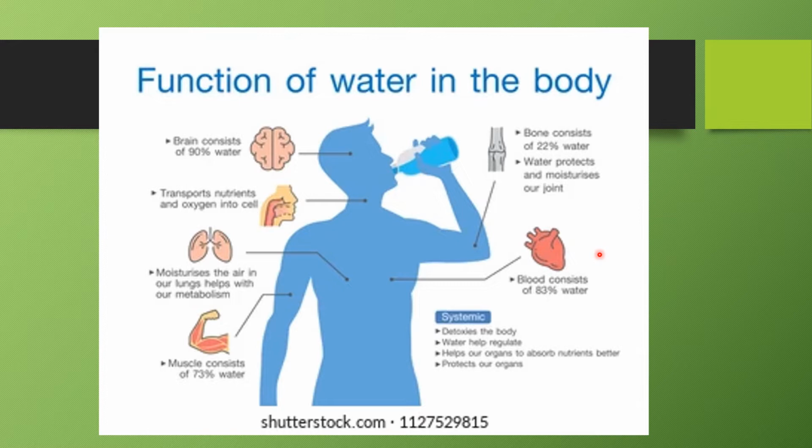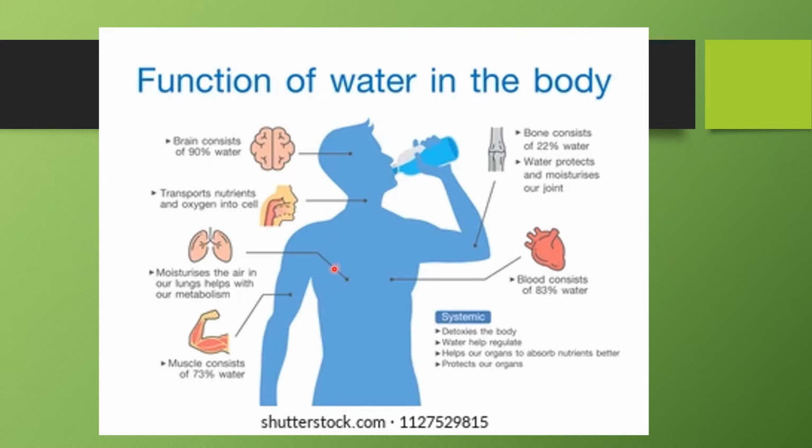Without fluids and electrolyte balance, our body will not function properly. For each and every organ to function properly, we need proper fluid and electrolyte balance. Our body is made up of 60 to 70% water, so we have to take more water.